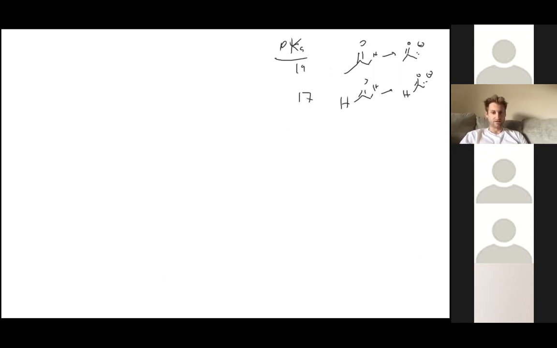So because of that, the aldehyde is 100 times more acidic, because it would be 10 to the 2, which is 100.